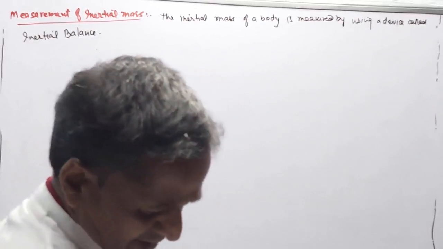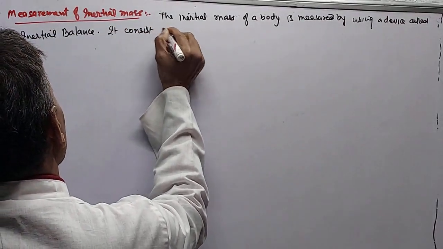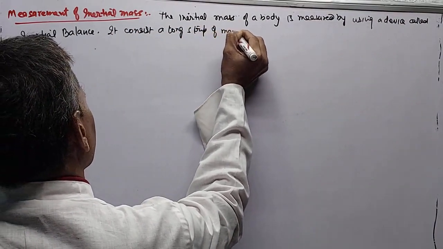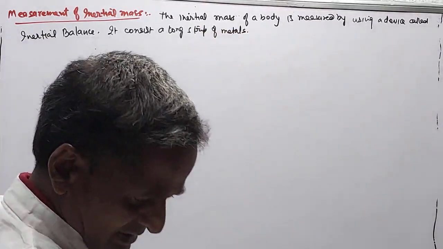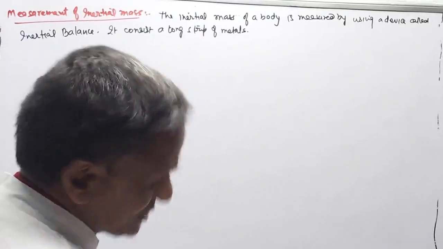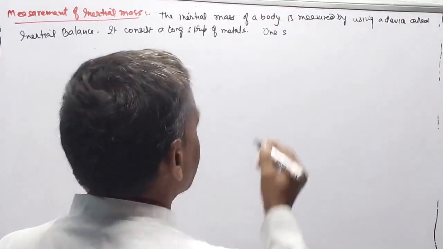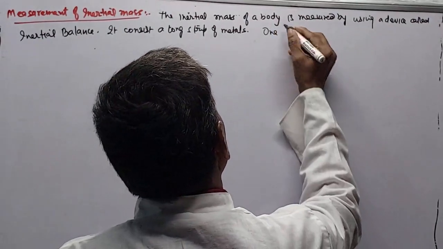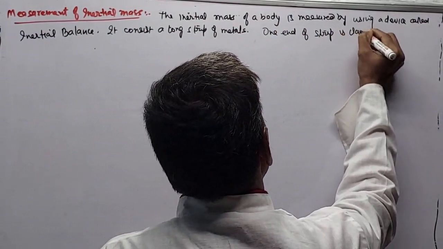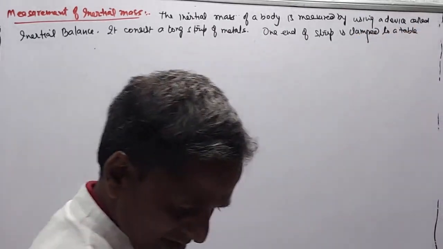It consists of a long strip of metal. One end of the strip is clamped to a table.